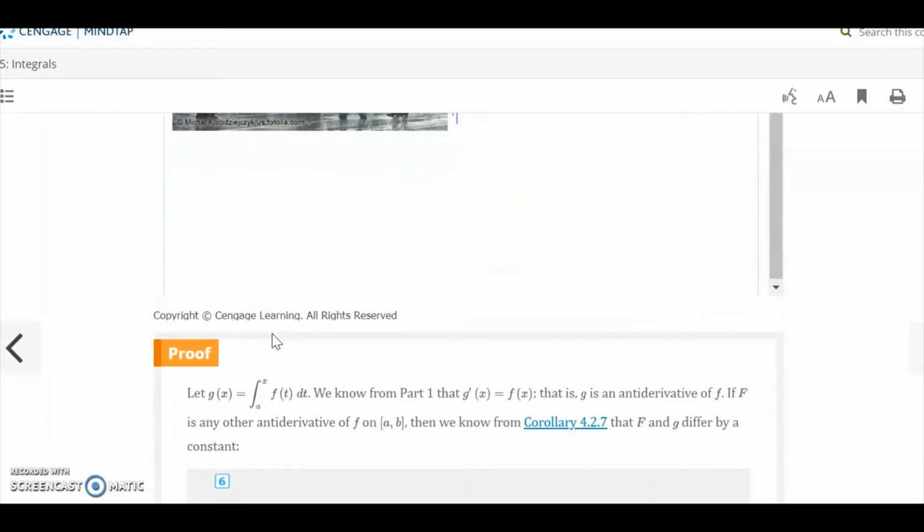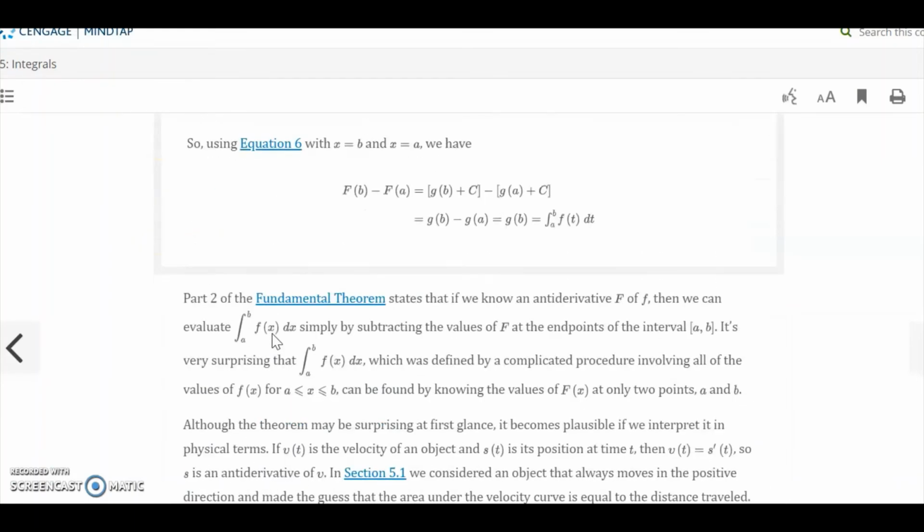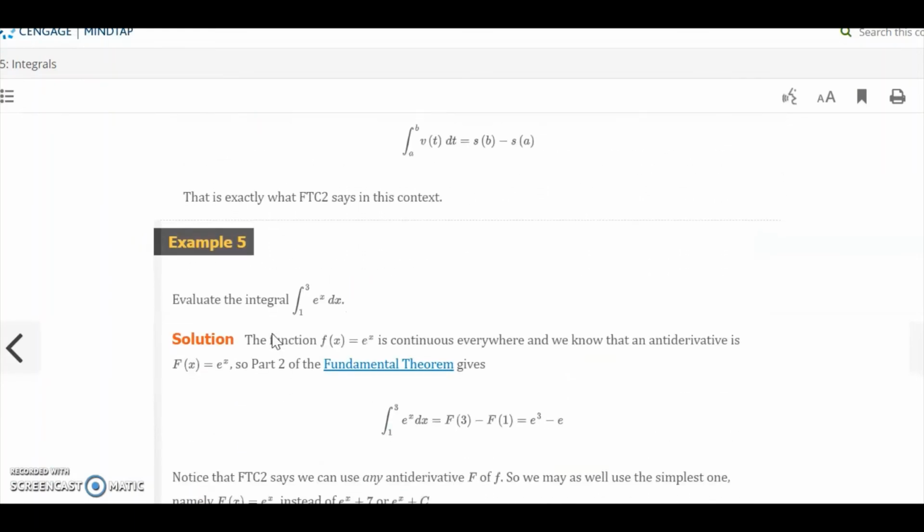Let's see if we can find an example. Okay, so this is a great example. We're integrating from 1 to 3, and we have e to the x dx. So all we have to do is first find the antiderivative. What's the antiderivative of e to the x?